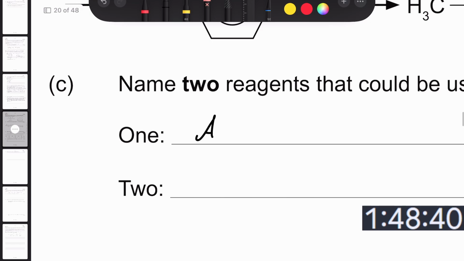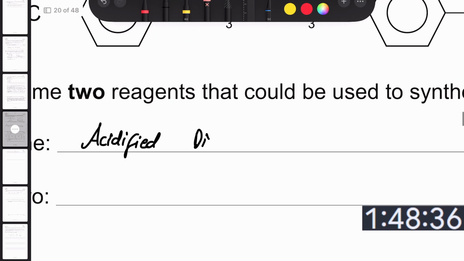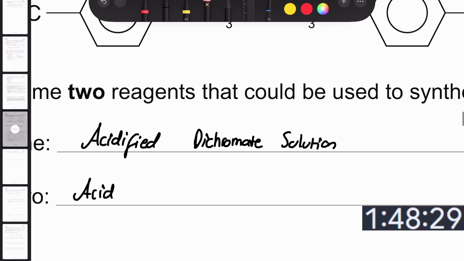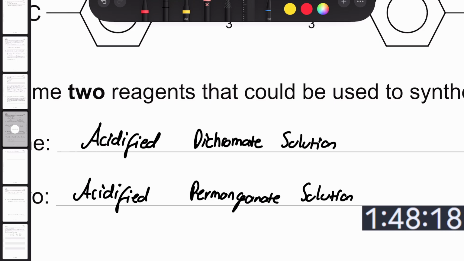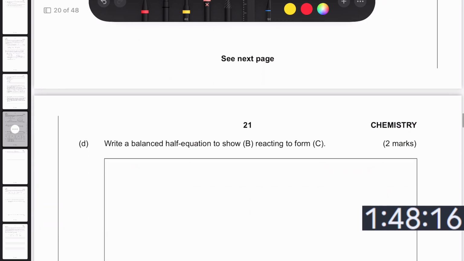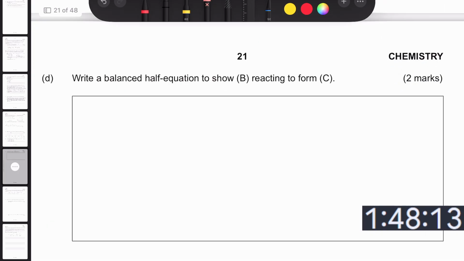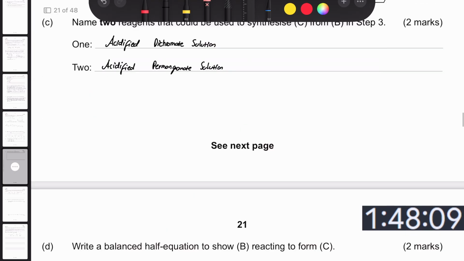So you could use acidified dichromate solution or acidified permanganate solution. Now a balanced half equation showing B reacting to form C.